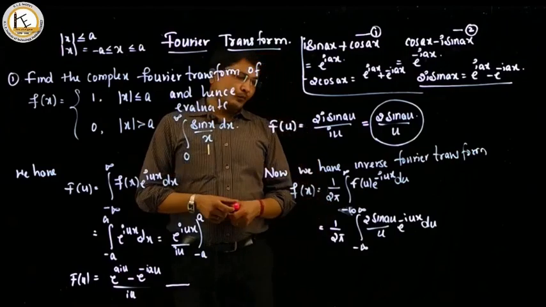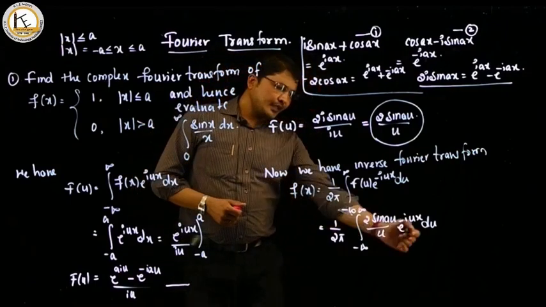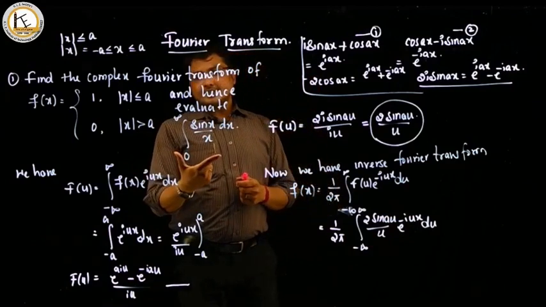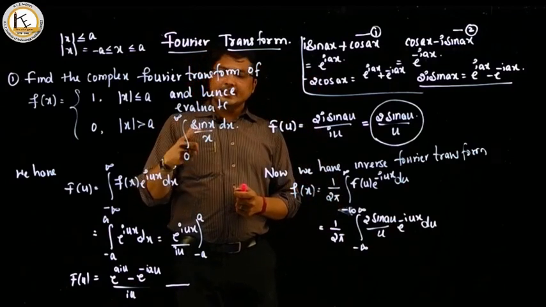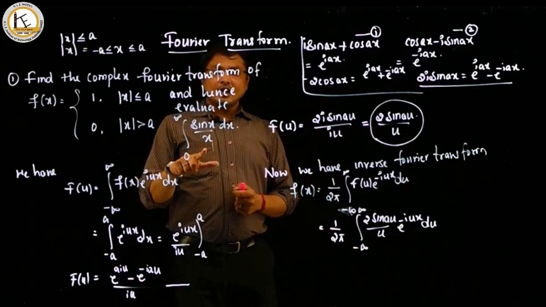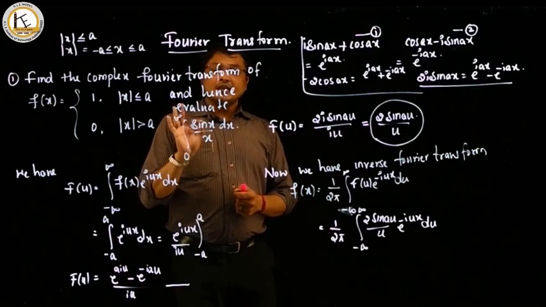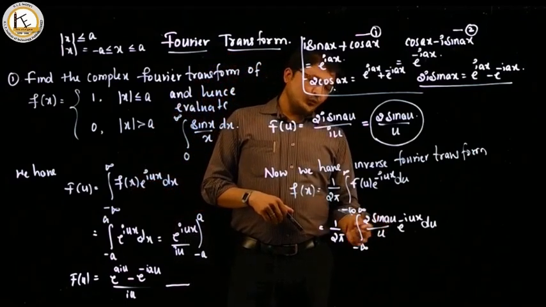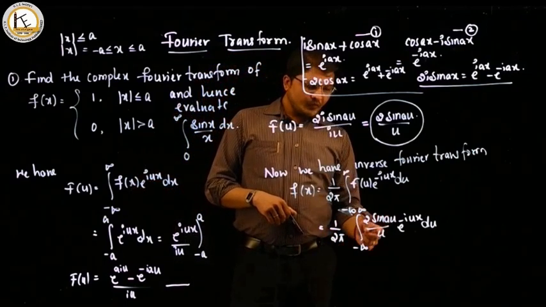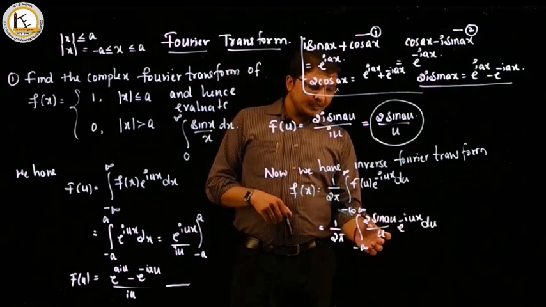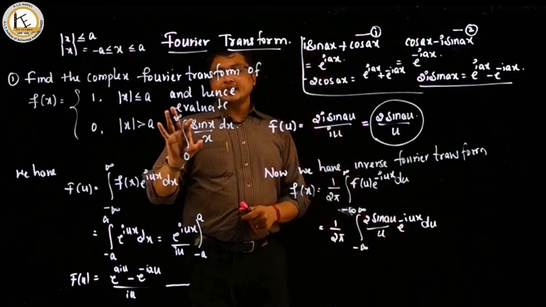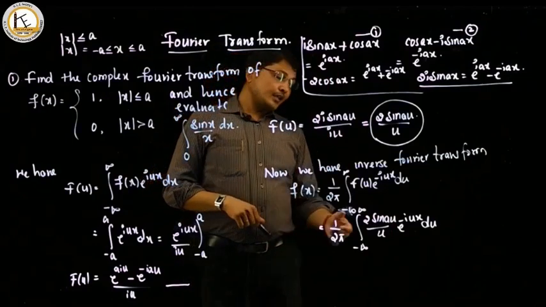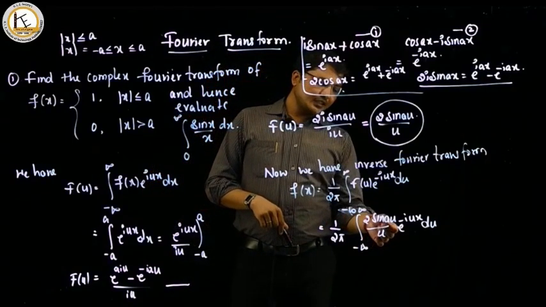Now the 2 gets cancelled. Observe this second part: we have only sine x upon x, without any constant a, but here we have sine au. When you replace u as x, we can get an expression like sine x upon x, but the extra constant is a here.